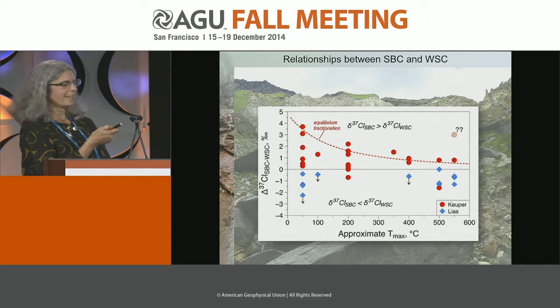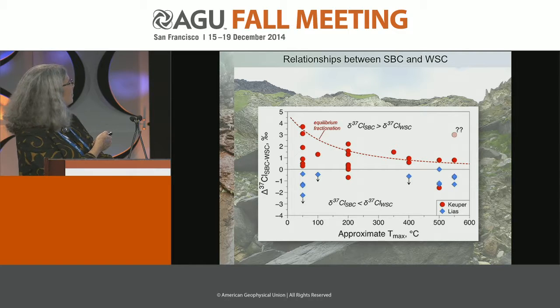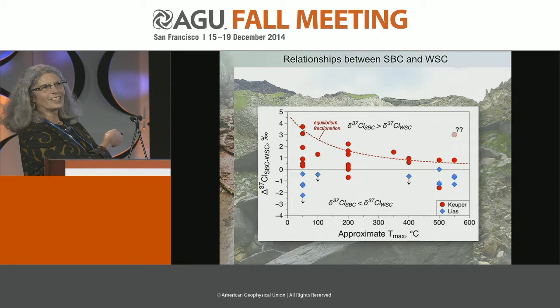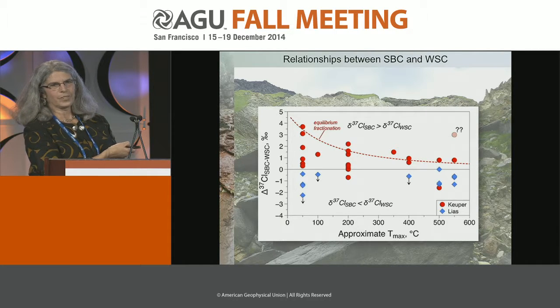All right. Now I just want to briefly talk about some differences between the structurally bound chlorine data and the water-soluble data. So this plot takes a little explaining. Over on the left now, instead of little delta 37Cl, this is big delta. So this is now the delta 37Cl value for the structurally bound chloride in a given sample minus that for the water-soluble chloride in the same sample.